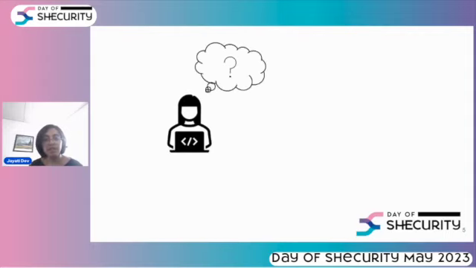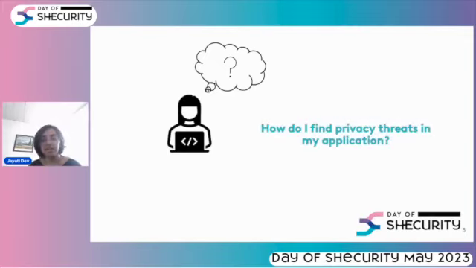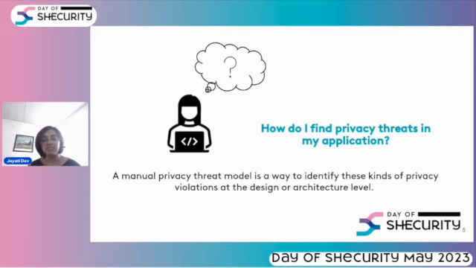So suppose you're a product developer. You know how your application works and you know what kinds of assets and data are part of your application. But then how do you find unexpected privacy threats and protect your application from potential lawsuits? In order to find if there are privacy threats from the application to stakeholders, you typically would undergo a privacy threat model.